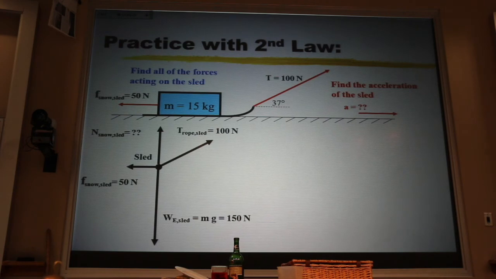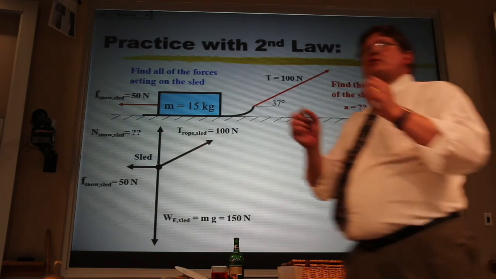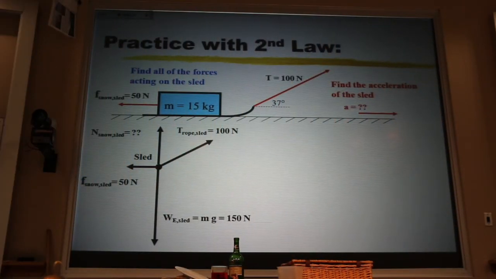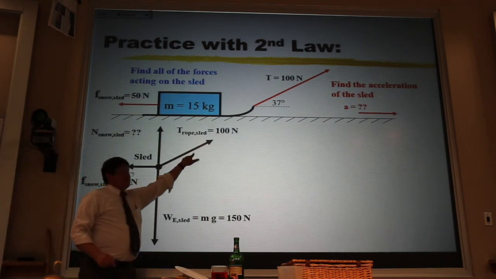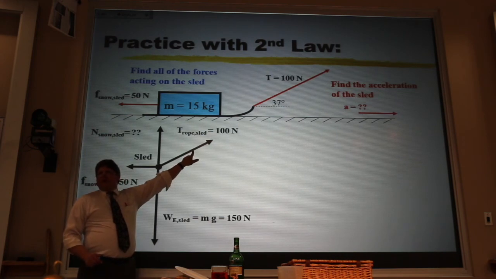Now, the only difference between this problem and the last problem is that when I break up my problem into an x part and a y part, to use Newton's second law, I can't put that anywhere. That's not in the x direction and it's not in the y direction.